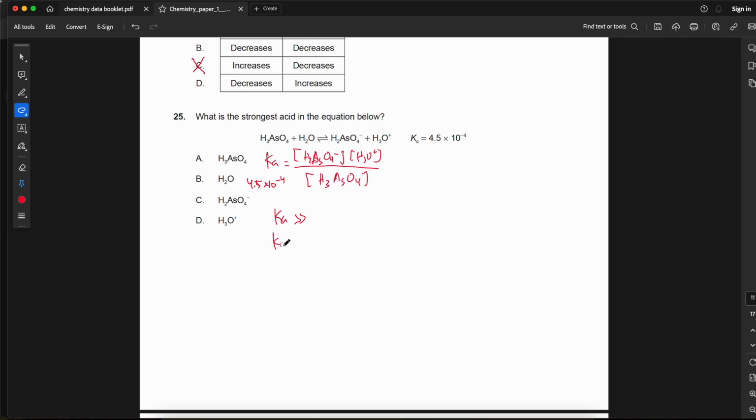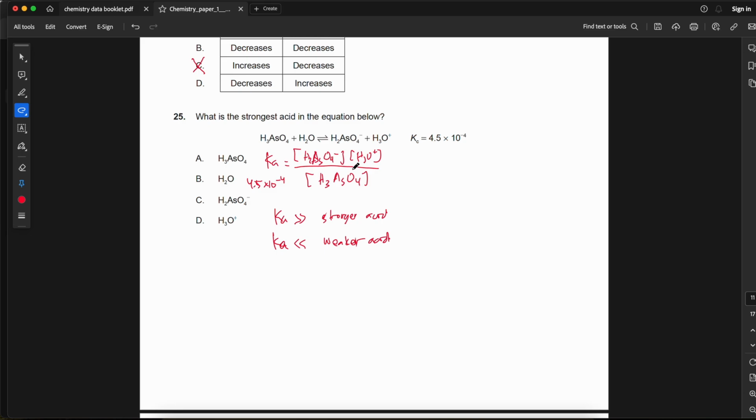If Ka is relatively small, the acid will dissociate less, so it's a weaker acid. H3O plus is in the numerator, indicating that a higher concentration of H3O plus corresponds to a larger Ka, meaning it's a stronger acid.